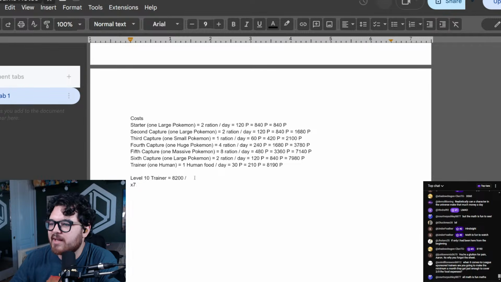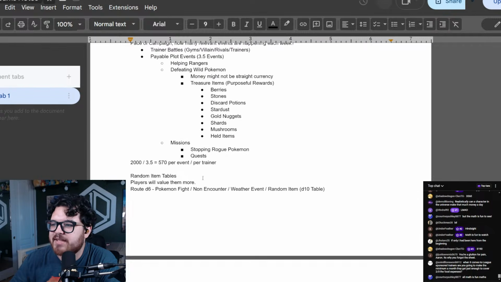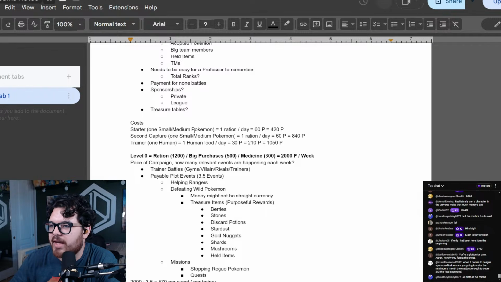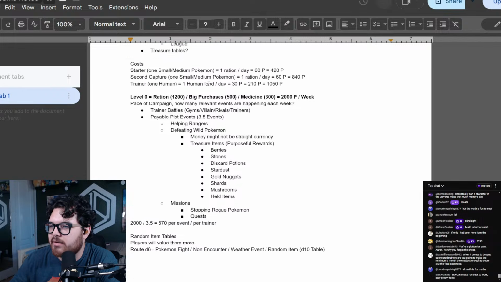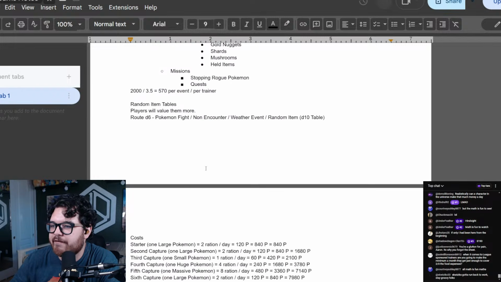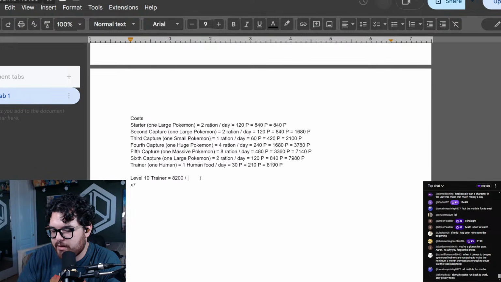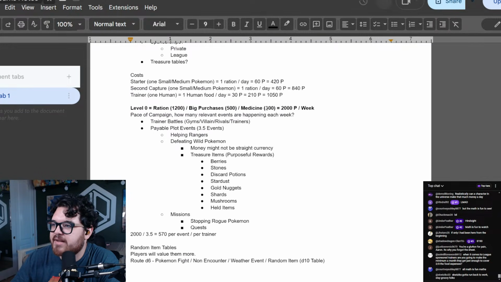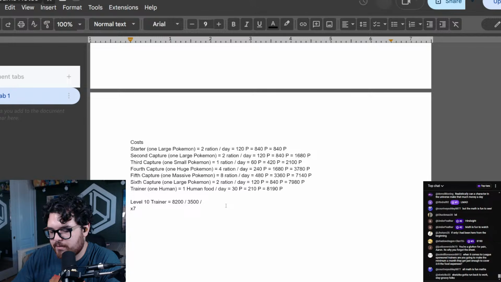That goes crazy. The reason I wanted to look at a ×7 multiplier is if we go up here, it's like, okay, well, then, where is it? Big purchases, instead of getting 500, they should be saving up 3,500 for big purchases. And then for medicine, instead of 300, they should be saving up 2,100 for medicine, right?